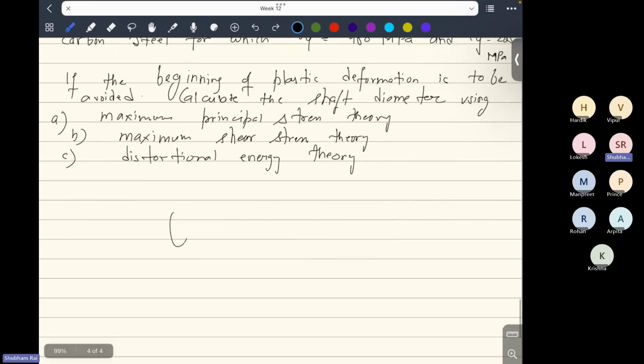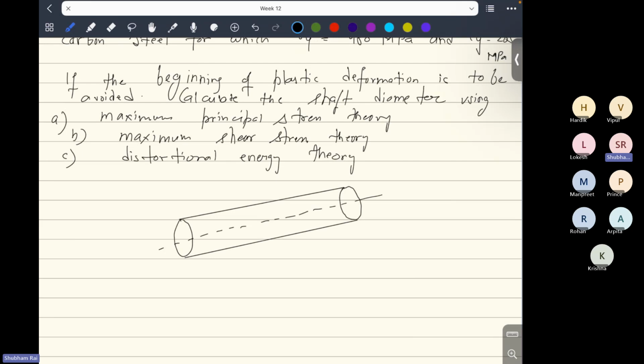So let's say the shaft is like this. I'm assuming that this is the x-axis, and here you have applied a bending moment, and then here you have applied the torque. We are naming the torque as MT.